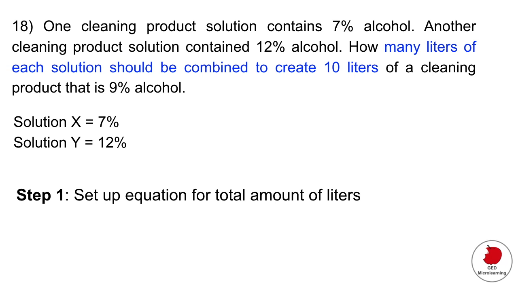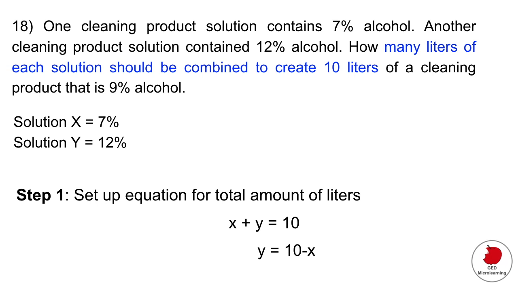In the question they tell us that we have to end up with 10 liters by combining solution X and solution Y. So X plus Y is going to equal 10. And we are going to solve for one of the variables. So let's solve for Y in this case. Y is equal to 10 minus X.